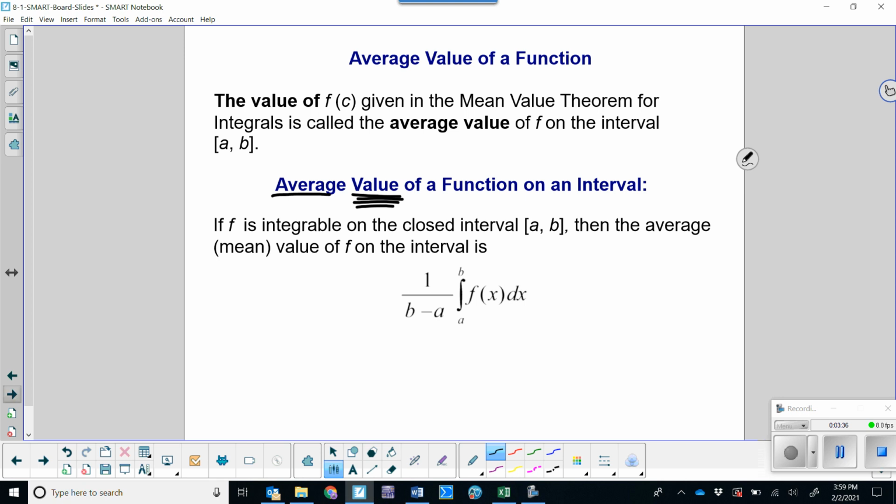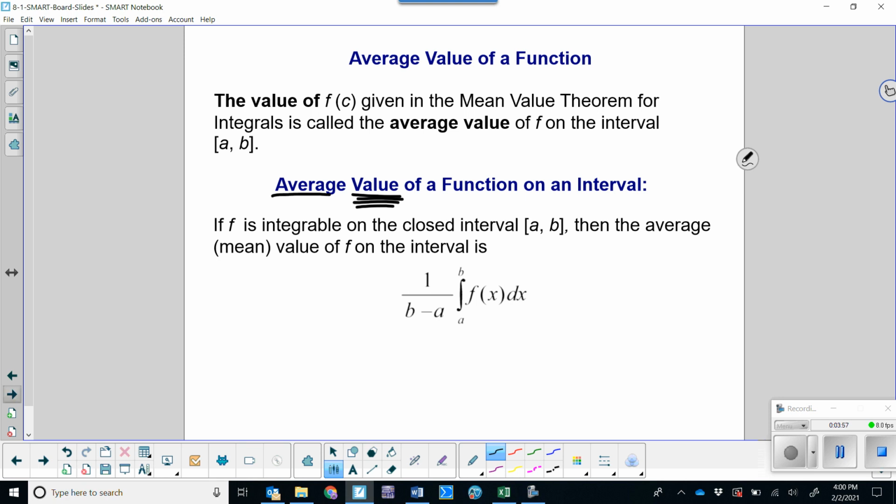If I want the average rate of change, that is still going to mean to find the slope of the endpoints. That's never going to change. So here we've got to pay attention if it says average value, and value might be whatever the units are, whatever the problem is talking about. Average value of a function.